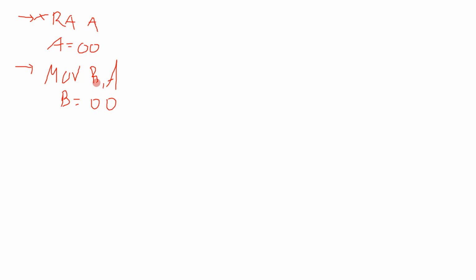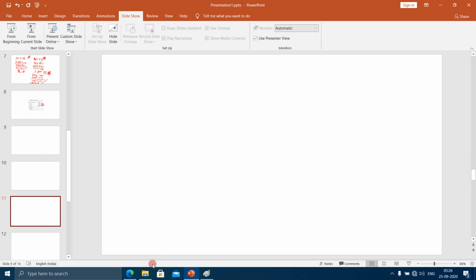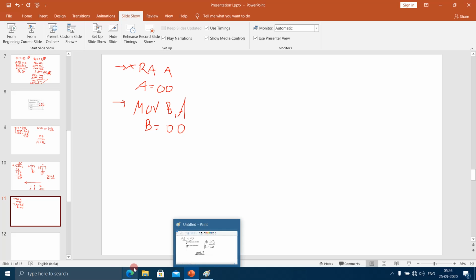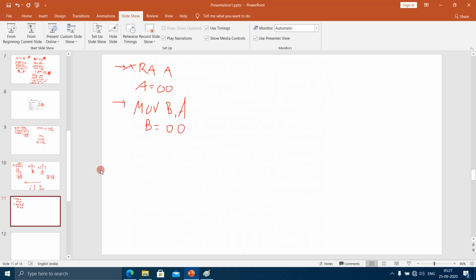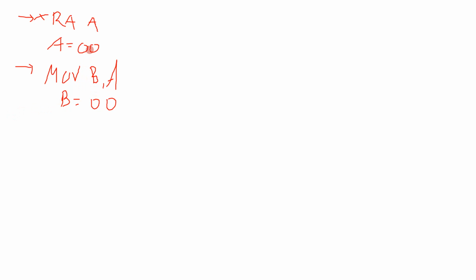In order to make the contents of B 00, we copy the contents of the accumulator into B, because there is some default value stored in the B register in the microprocessor. You can see it here: in A there is CC, in B FF. So we have to make them 00 because we are going to store the result in the accumulator and B.